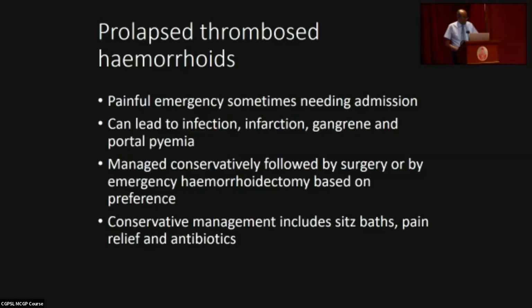They are initially managed conservatively, followed by surgery, or you can resort to emergency hemorrhoidectomy based on the preference of the surgeon and the patient. And again, conservative management would include sitz baths, pain relief, and antibiotics.